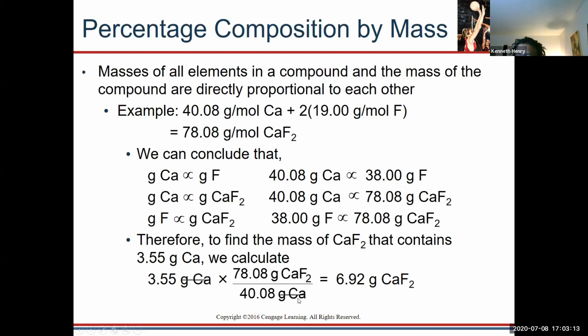And then we can just cancel out the amount of calcium. So this allows us to get a quicker way of coming to the answer, right? A faster way than we've done, rather than having to go through the percentage and then use that percentage to do the calculations. You just do a direct relationship between the mass of the total, in this case, compared to the mass of just the calcium.